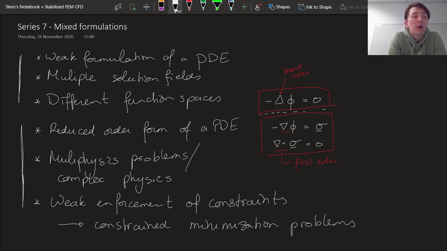So in the example of the stabilized methods, I tried to motivate them from the perspective of an artificial diffusion, and diffusion is a physical phenomenon. But then at the same time we try to have this diffusion be small enough that it's a subgrid scale diffusion, that it doesn't spoil our numerical results, right? So that would be more of a numerical argument.